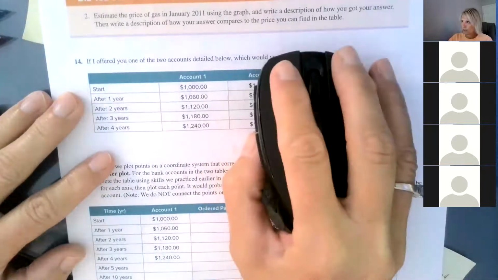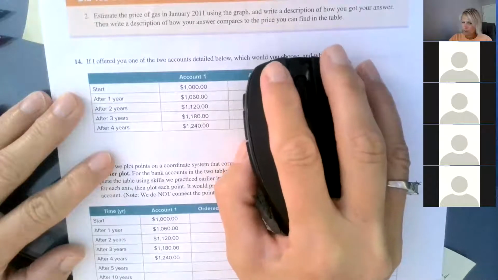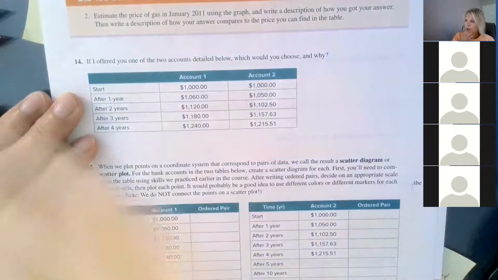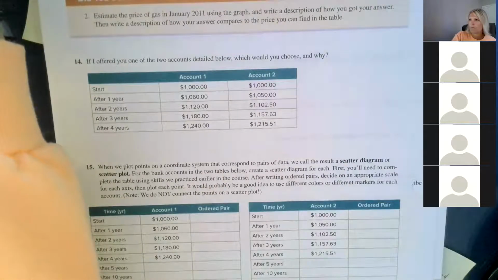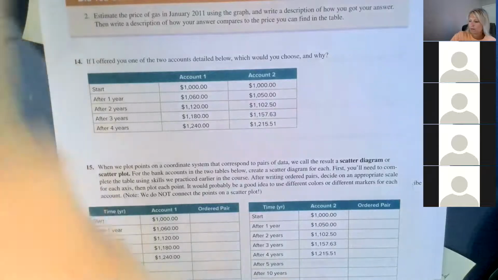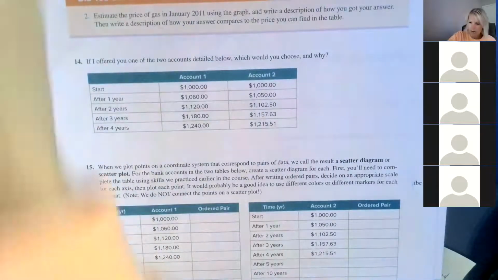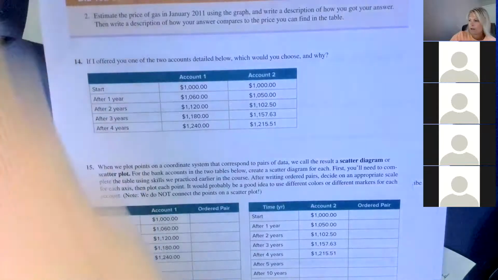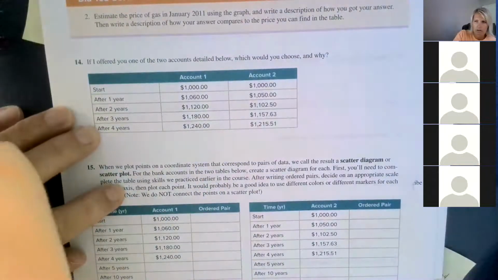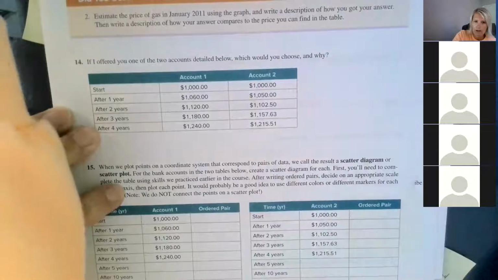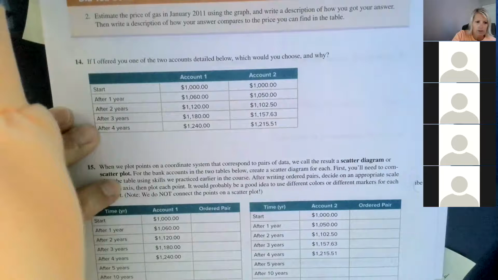And I'm going to go to Desmos because I'm going to make a table here. Anybody wants to give me their thought on which one they would pick initially, looking at between the two choices.